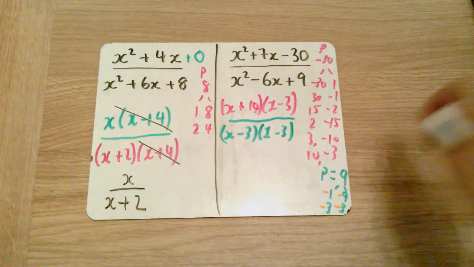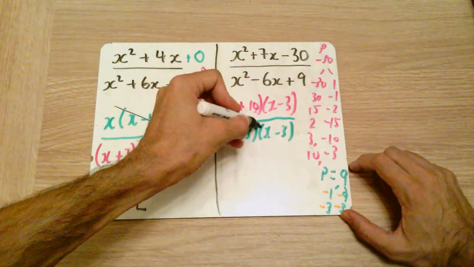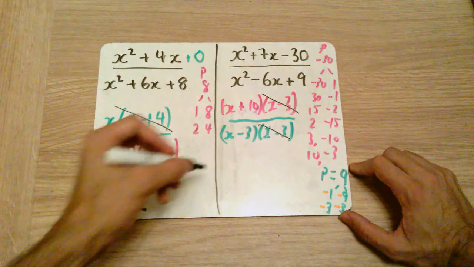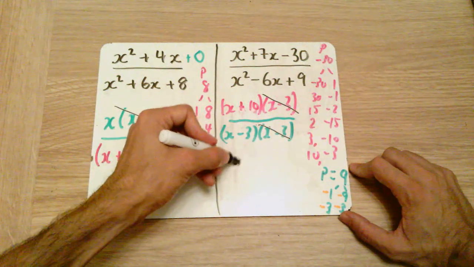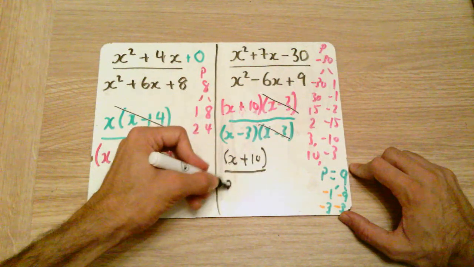Again, when we look at this, we can simplify this down by cancelling out two like terms. Two like terms I'm going to cancel out quite clearly are the x minus 3 and the x minus 3. So that leaves us with x plus 10 divided by x minus 3.